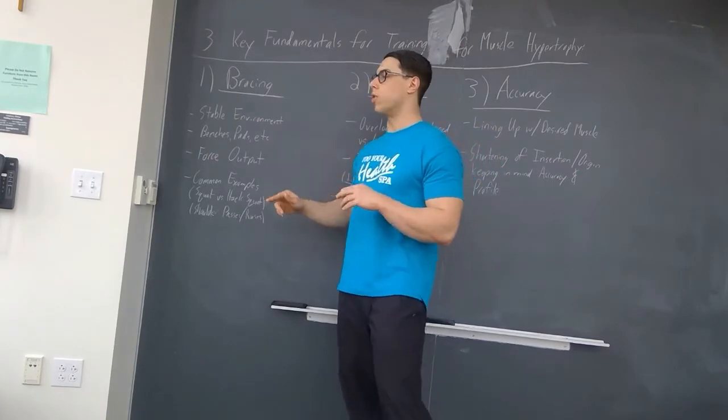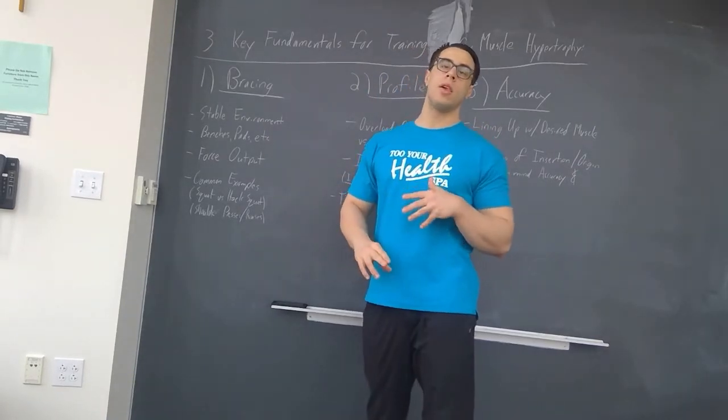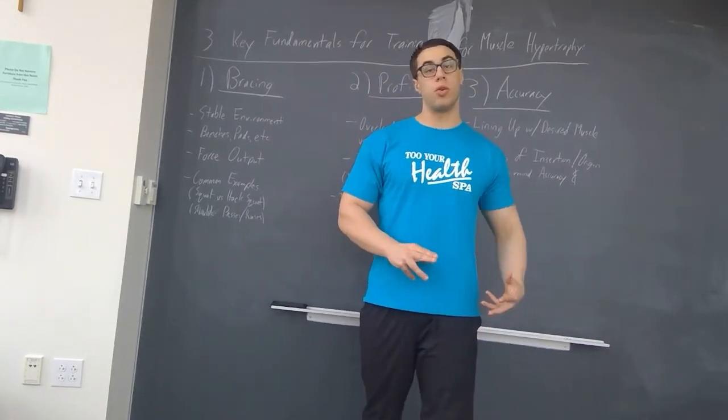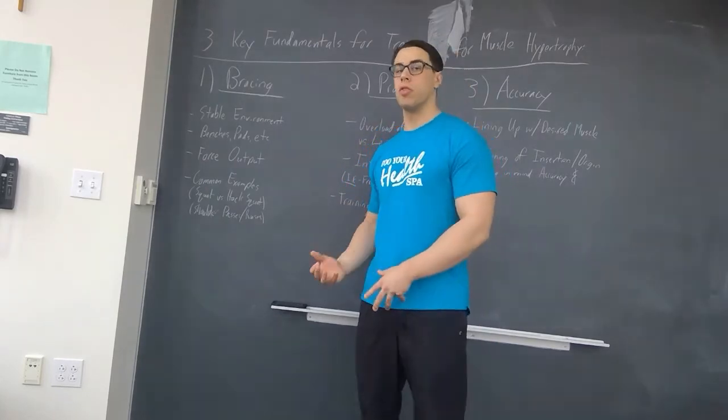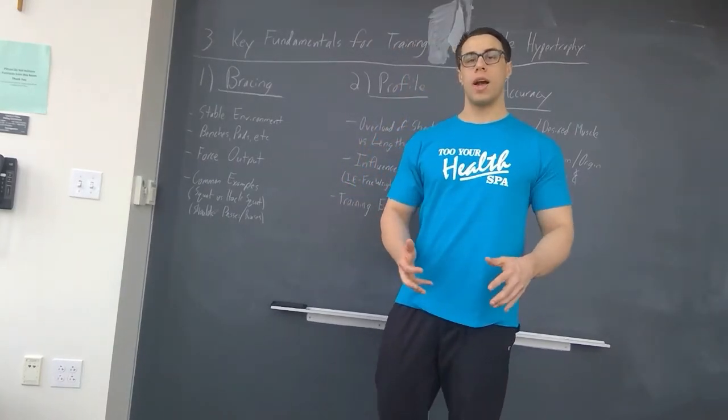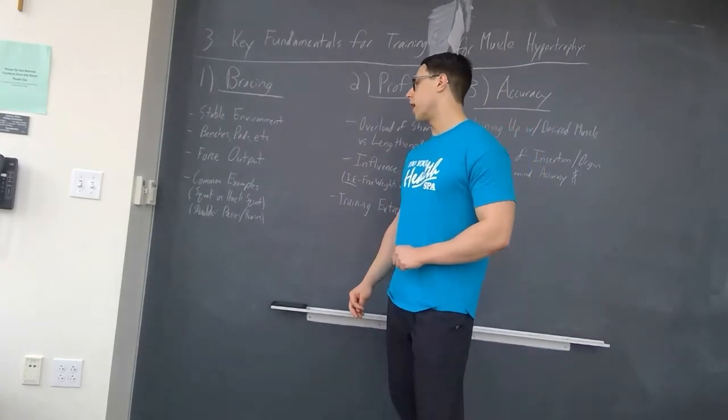That's how we do it. We look for exercises where you have a bench to brace either your whole body or parts of your body on that counteract what we're trying to do with a particular exercise.